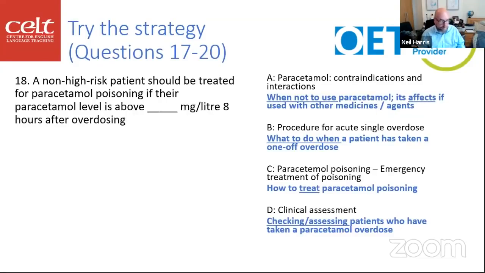See what you make of this one. Suda's super fast here.